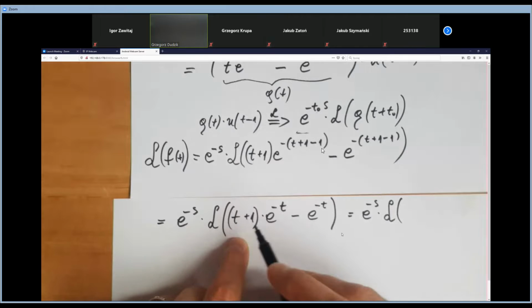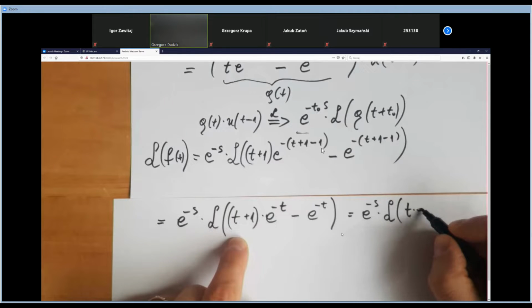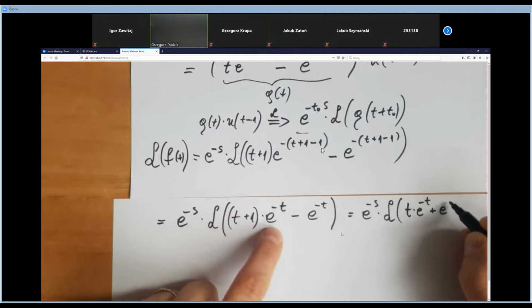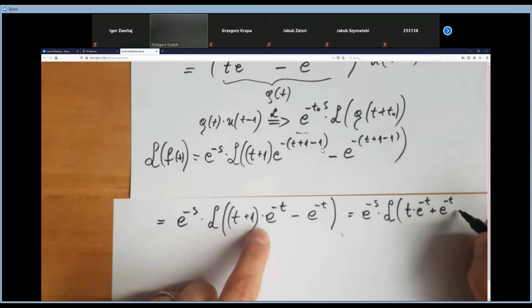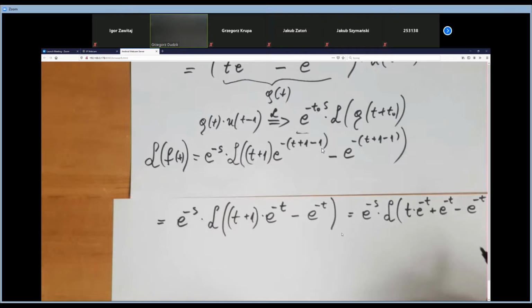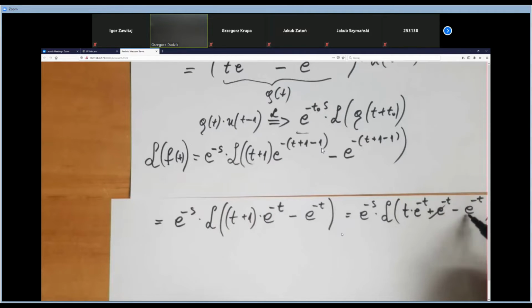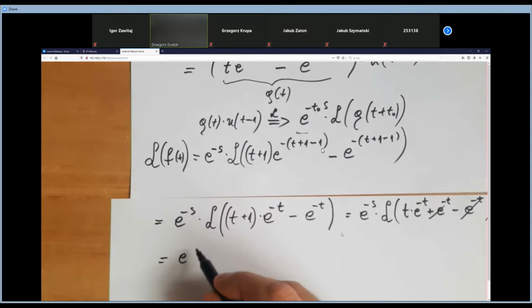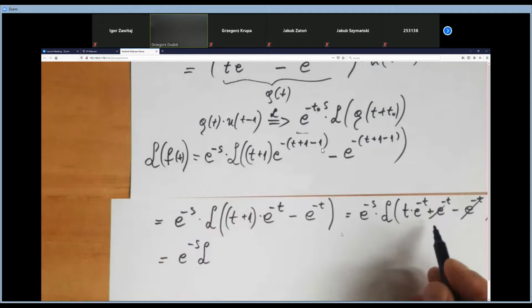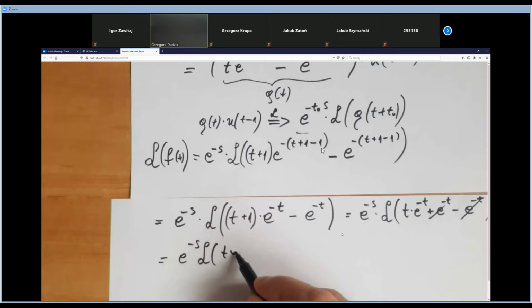So it will be equal to t times e to the minus t plus e to the minus t times 1, minus e to the minus t. As you see, this component is reduced with it, this is the plus and this is minus. So finally, we've got e to the minus s and the Laplace transform of t e to the minus t.